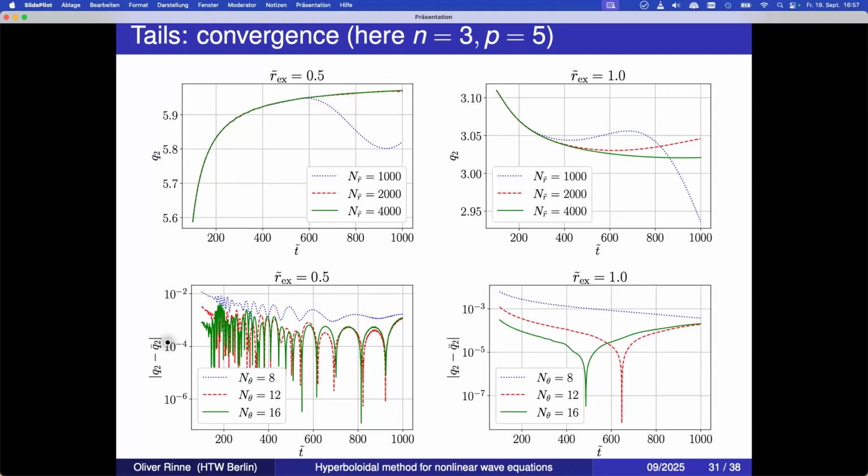So here I plot differences with respect to a reference resolution for a very high resolution. And you see some convergence here, but what you can also see, if you go from, say, n theta 12 to 16, there's not much of an improvement anymore. And this is the reason why for this particular radial resolution here, I always choose n theta equal to 12.